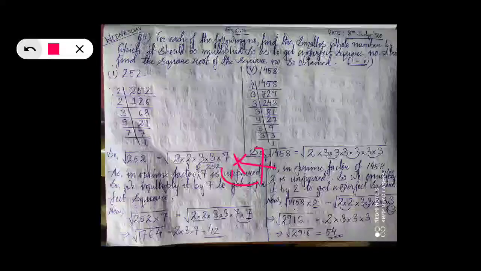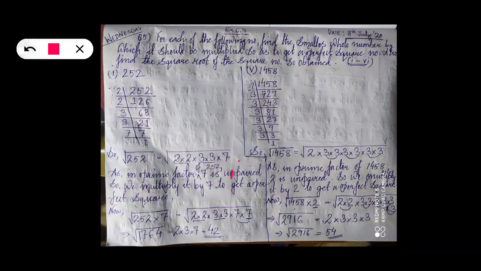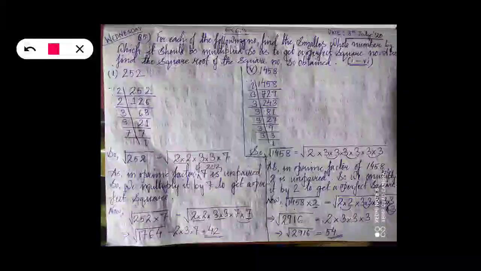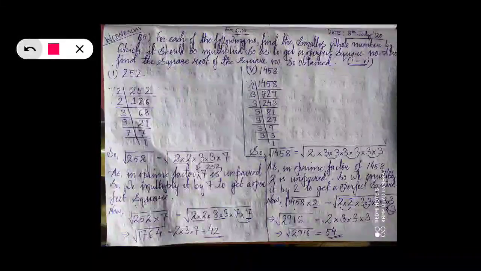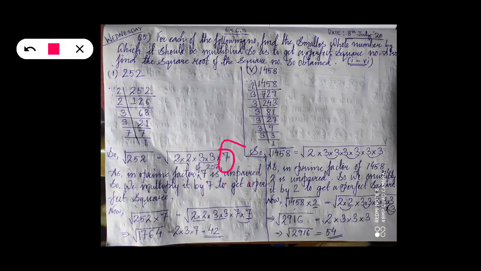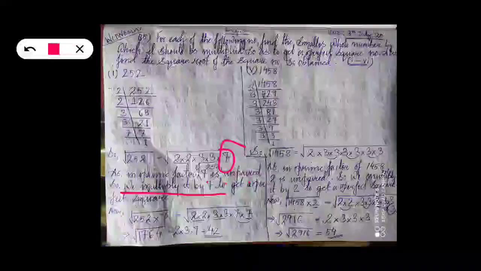So you have to write it like this. In the prime factors of 252, 7 is unpaired. So we multiply it by 7 to make it a pair and get a perfect square.